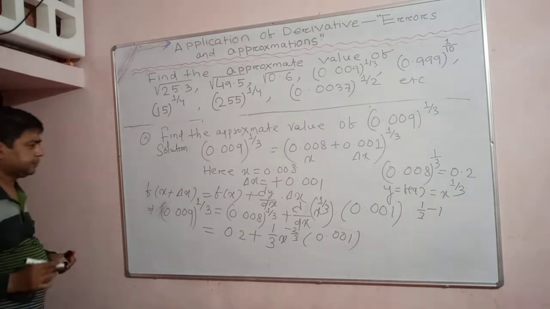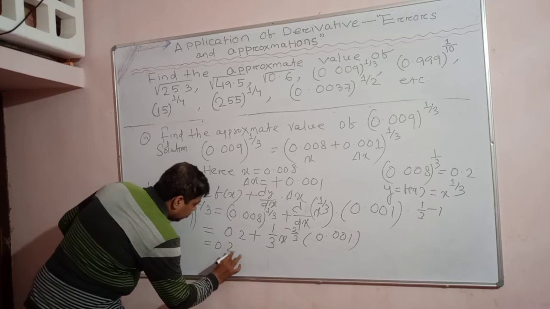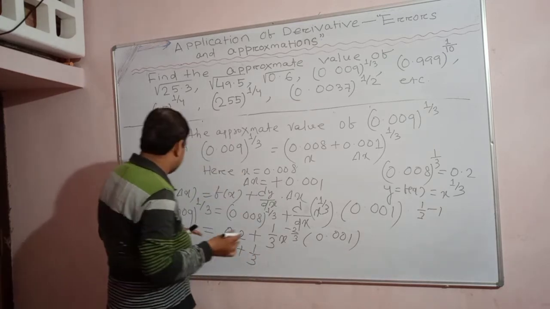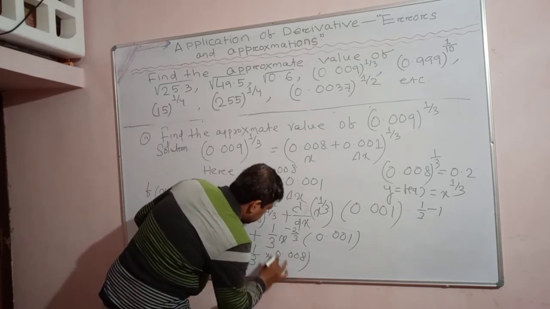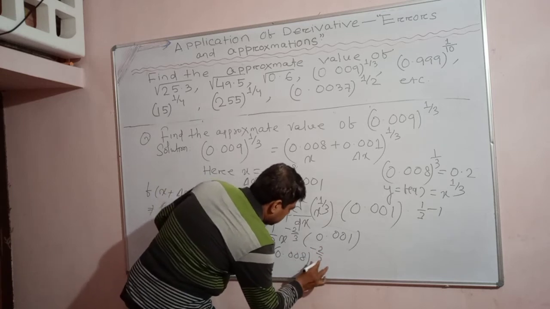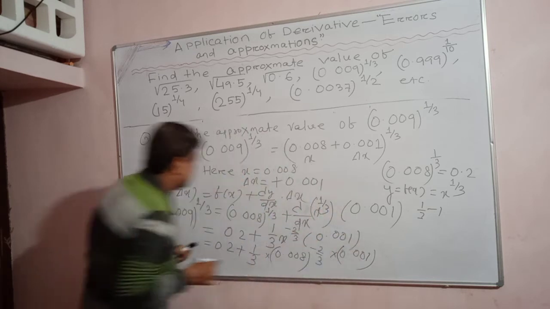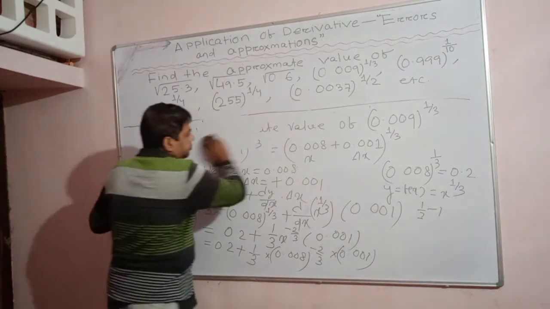So that is equal to 0.2 plus 1 by 3, and in place of x I can write 0.008 whole to the power minus 2 upon 3 into 0.001. Up to this is it clear? Note down this one. Okay, let's move.